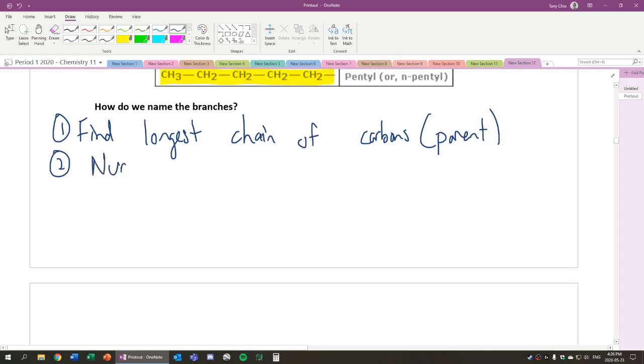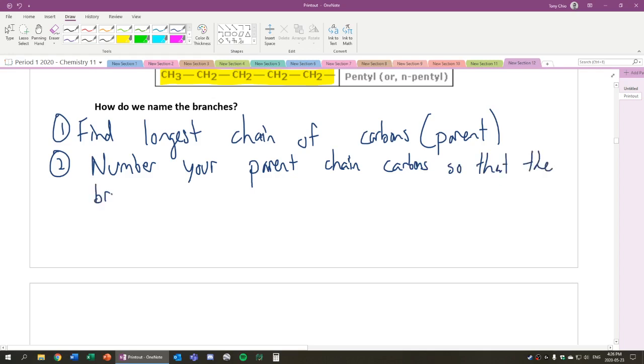Number your parent chain carbons so that the branch is in the lowest combined number.